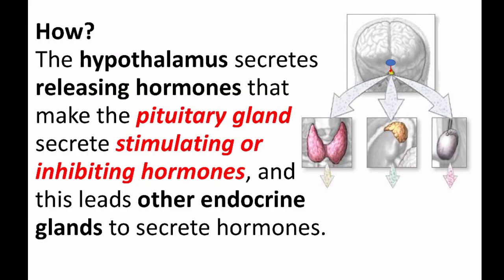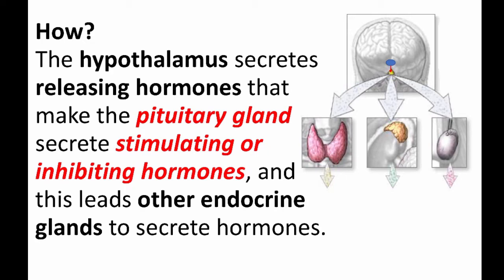Okay, so how is it that the hypothalamus, such a tiny structure, is capable of touching so many different parts of our behavior and our functioning? And the answer has to do with how the hypothalamus communicates with the rest of the body.